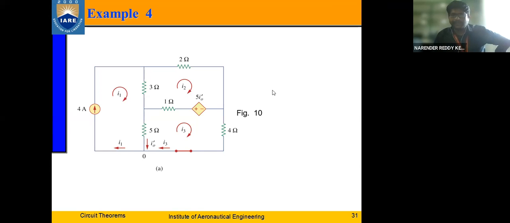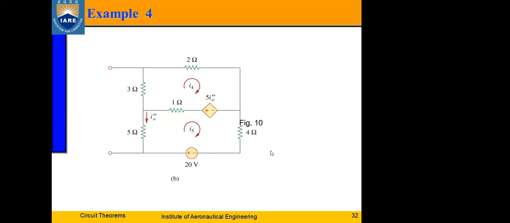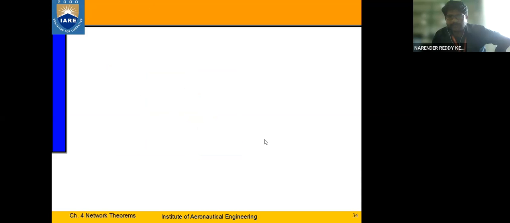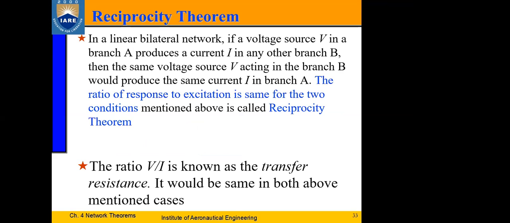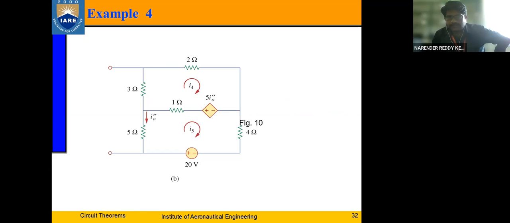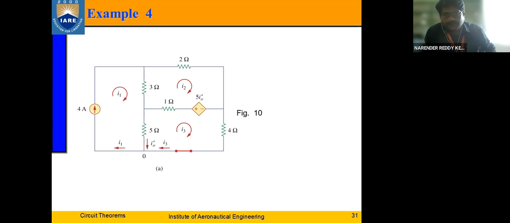What is the equation for loop 1, loop 2, loop 3? In loop 1 the current I1 will be 4 amperes, since the current source is given. Fine, for loop 1 the current is 4 amperes, no doubt. So we can get the value of I1 to be 4 directly.